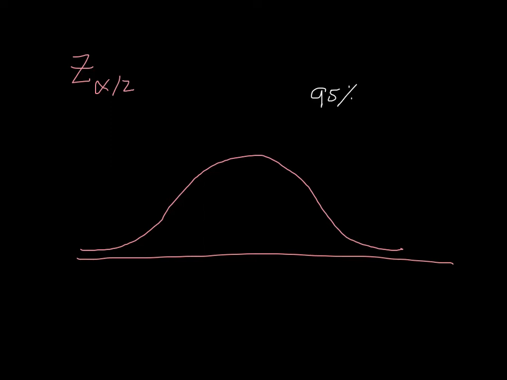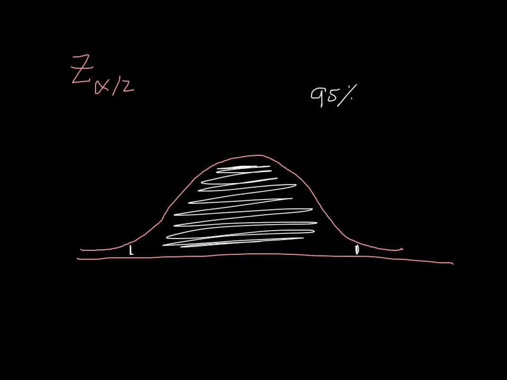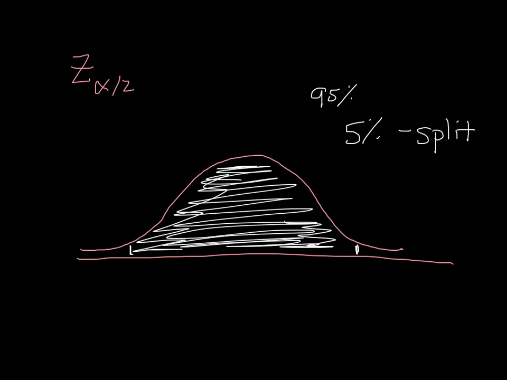And so that alpha divided by 2, what it really means is that if we're 95% confident that the actual population mean is going to lie within this interval, then as we look at a normal curve, 95% of the data is going to fall between here. So that means there's 5% of the data left over to split between the two tails.